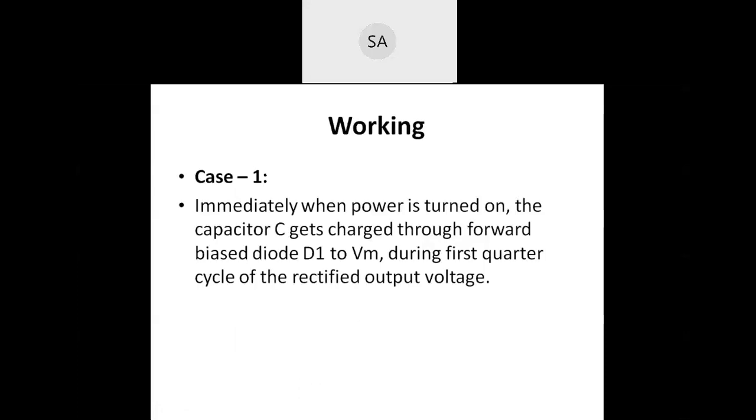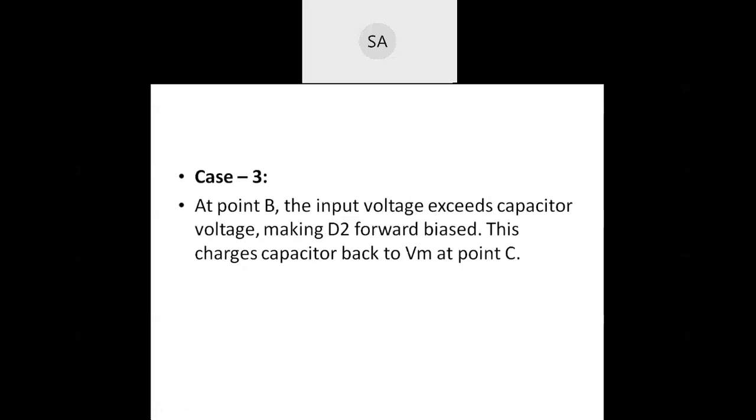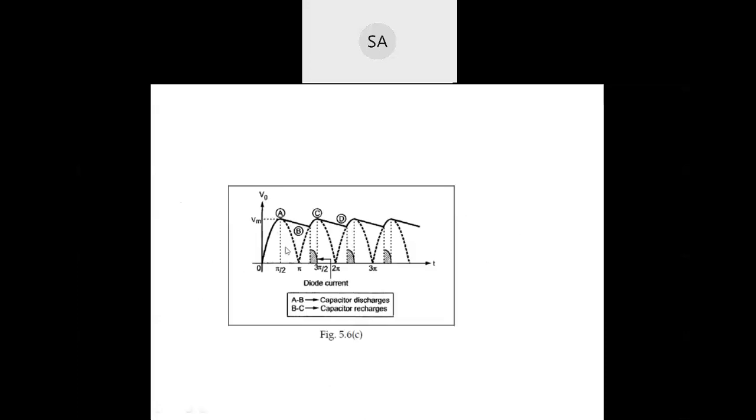When the power is turned on, the capacitor C gets charged through the forward biased diode D1 to Vm during the first quarter cycle of the rectified output voltage.